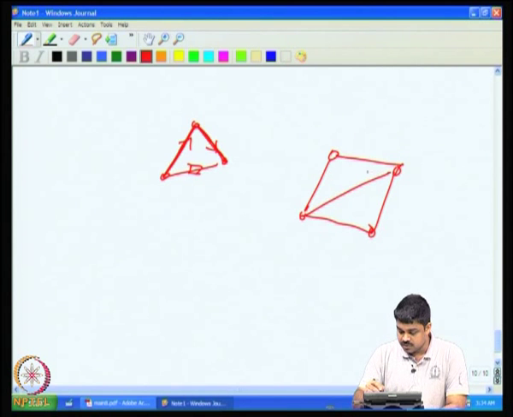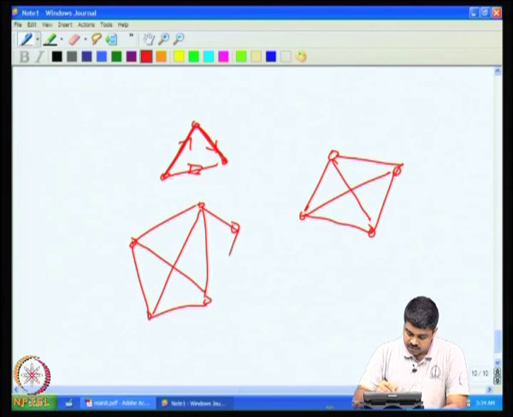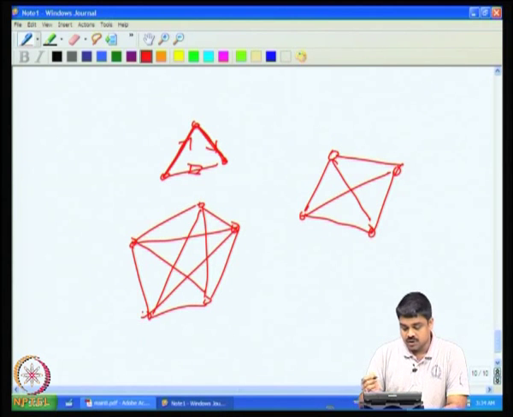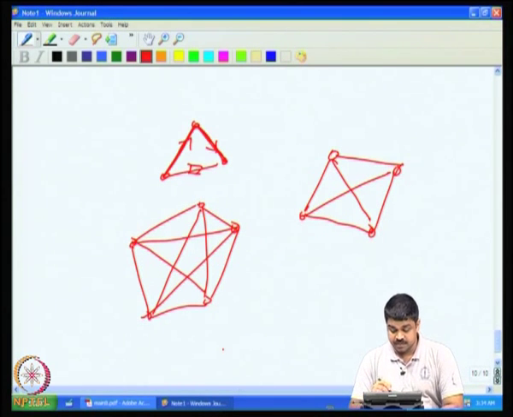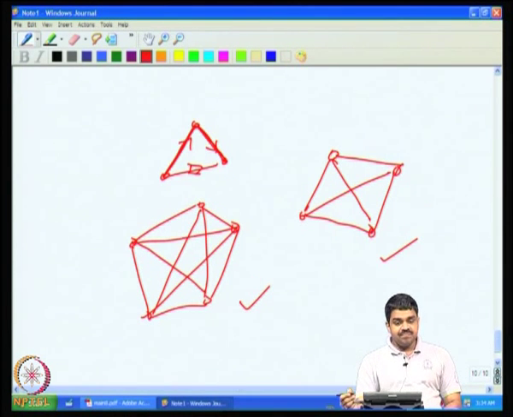It will be interesting to see whether, with K4 or K5, you can give direction to the edges in such a way that there is no Hamiltonian directed path. But after some attempts, you may realize that whatever way you orient the edges, you end up getting one Hamiltonian directed path.